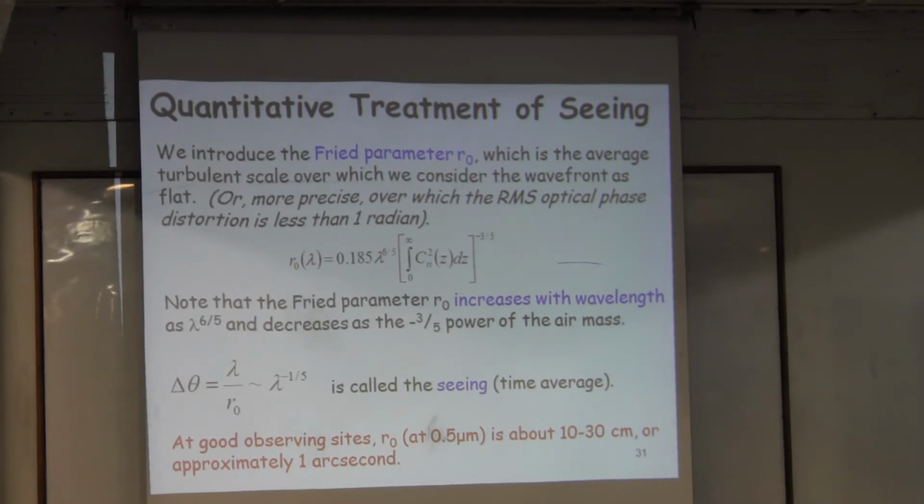So the worst seeing is at optical wavelengths. If you go to the near infrared, the images get increasingly better with wavelength. So you can figure out, if you have say 10, 20, 30 centimeters at optical wavelengths, then this increases quite a bit. According to the scaling law, you're seeing it better in the infrared.